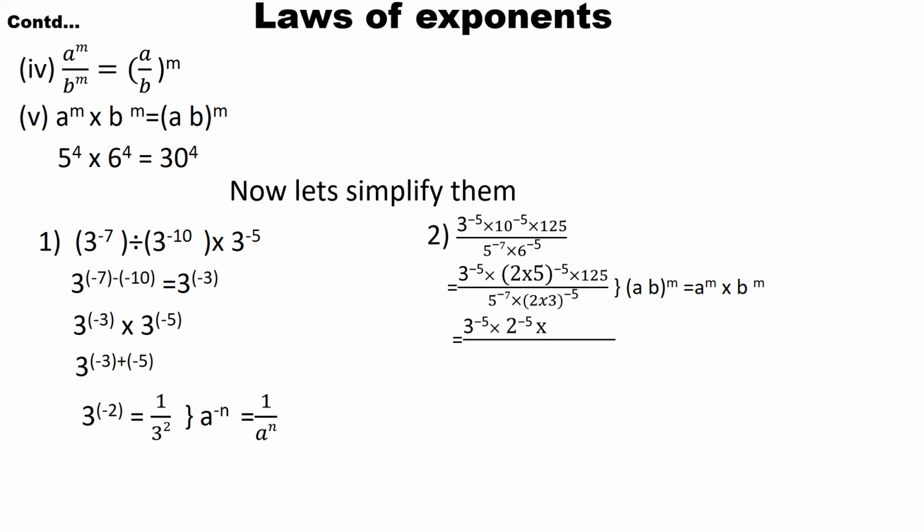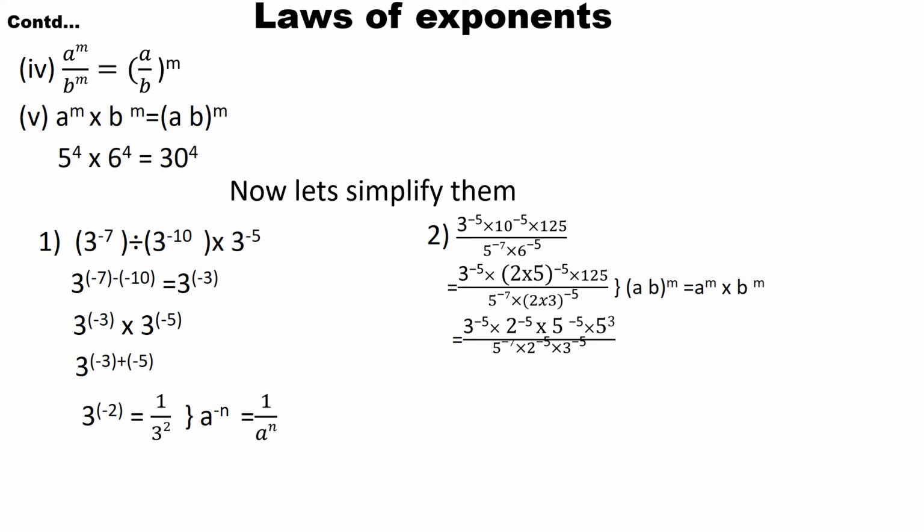3^(-5) into 2^(-5) into 5^(-5) into 5^3 by 5^(-7) into 2^(-5) into 3^(-5). So how did we get it? 2 into 5, power minus 5, we get 2^(-5) into 5^(-5).